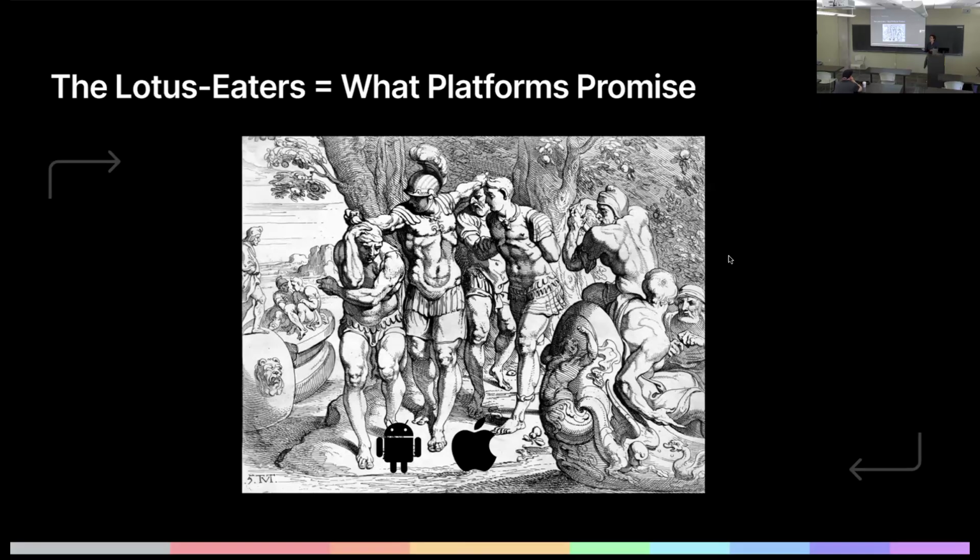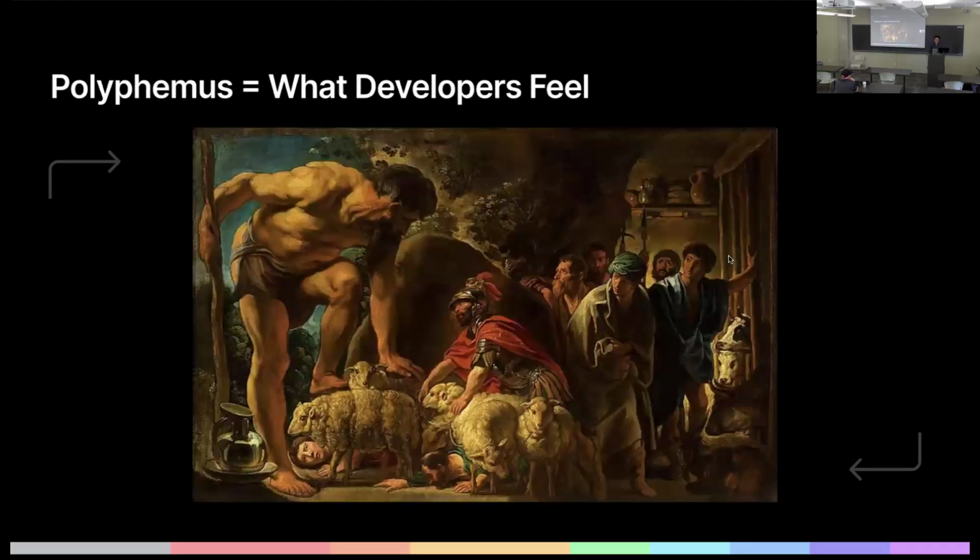A lot of developers can easily fall into a false sense of complacency because of how much Big Brother Apple wants to take care of their whole platform, rather than give you the tools or the capability to do it yourself. And I think that's a very apt analogy from this journey that Odysseus took as well.